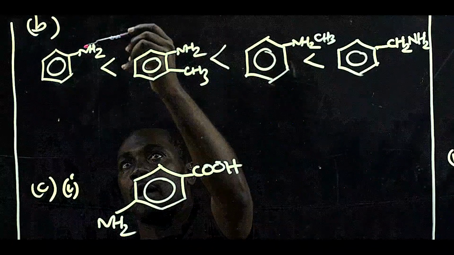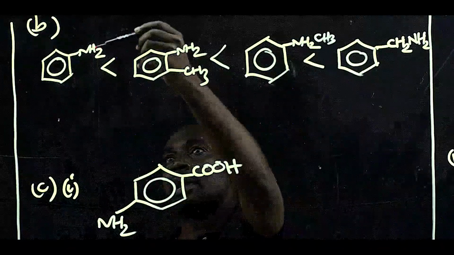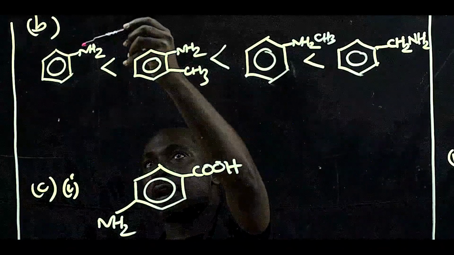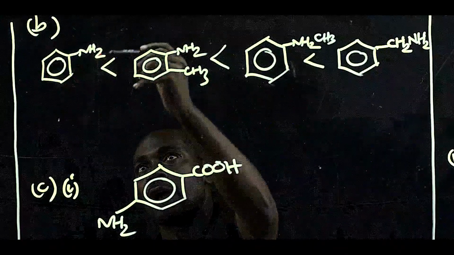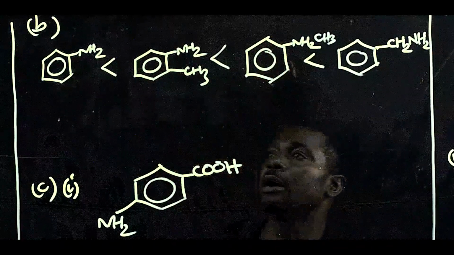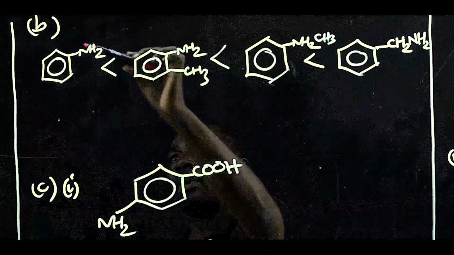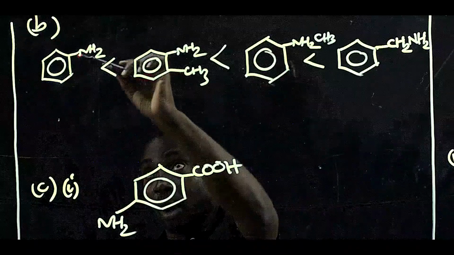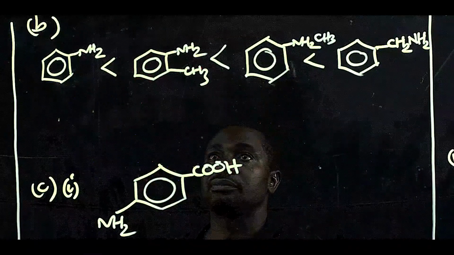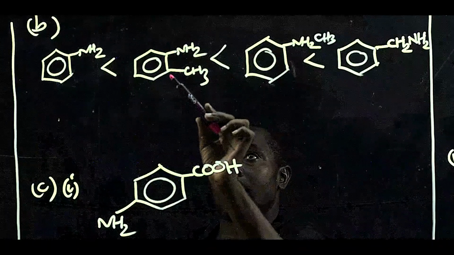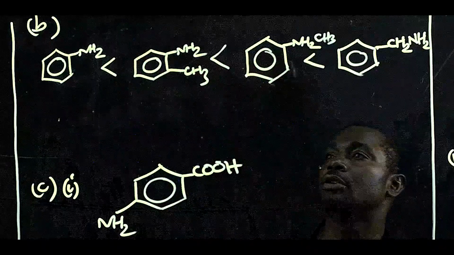The lone pair is donated to the benzene ring by positive mesomerism and becomes unavailable, making it more difficult for these aromatic amines to donate the lone pair to the incoming acidic substance. So these are aromatic amines which are less basic than this one. The second aromatic amine has a methyl group attached to the benzene.